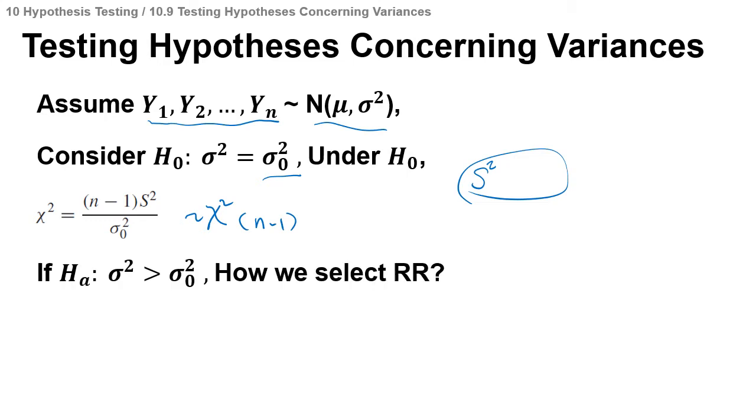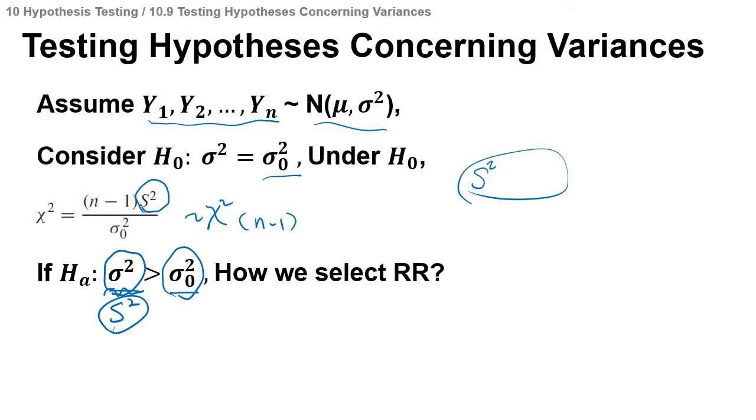If the alternative hypothesis is that sigma square is greater than sigma 0 square, how do we select the rejection region? If our real sigma square is larger than sigma 0 square, we will probably have a large S square estimate.